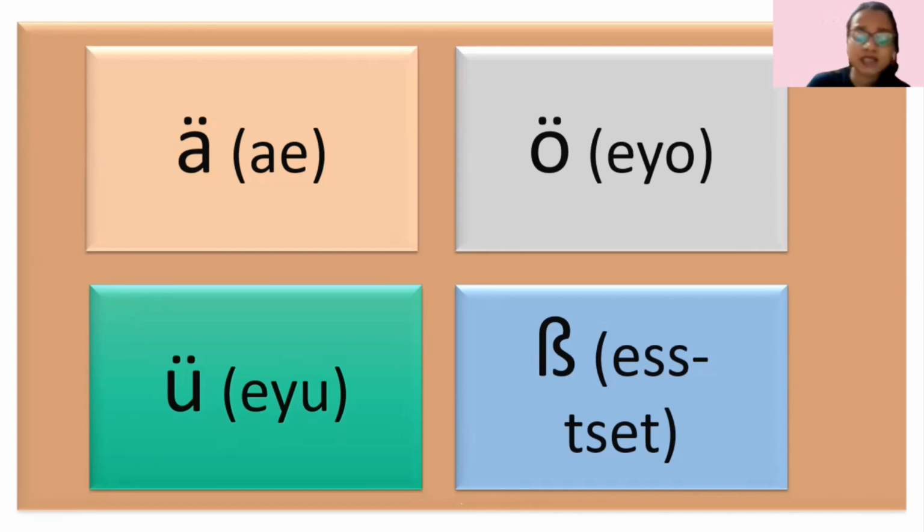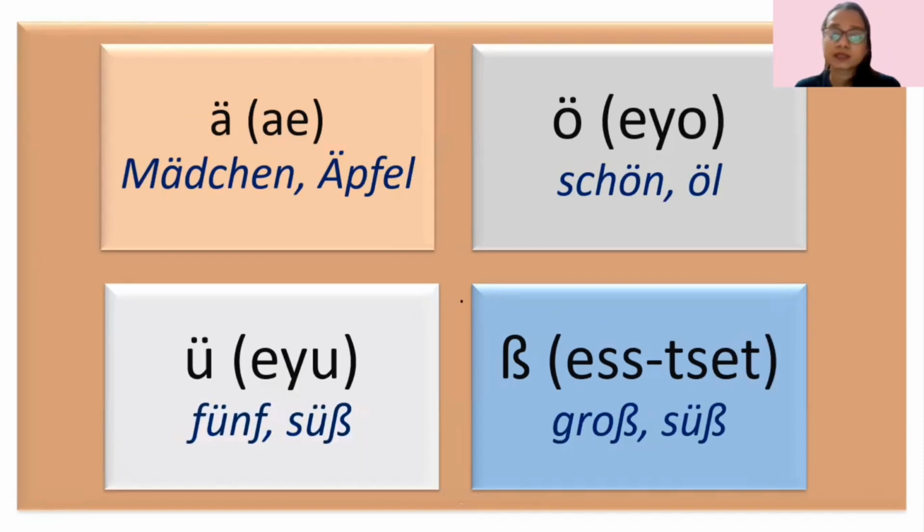Let's see some examples of these 4 new alphabets. Of A umlaut, it will be Mädchen. Mädchen means little girl. Äpfel. Äpfel means apples. With the ew sound, it will be schön.